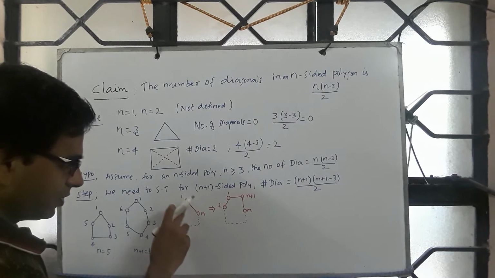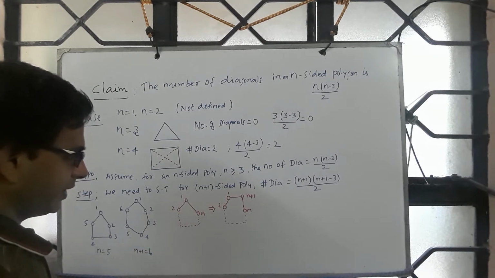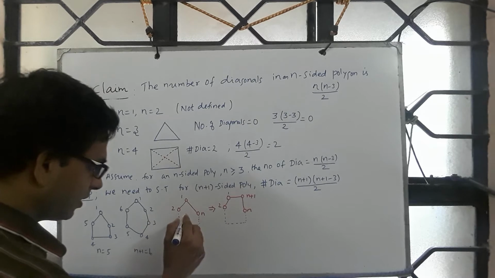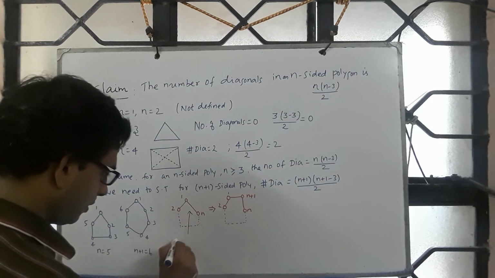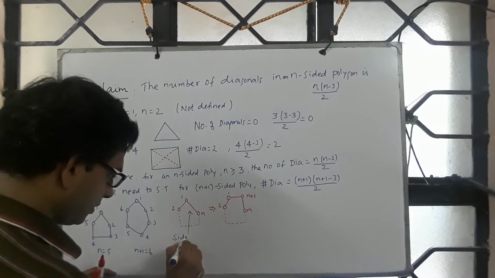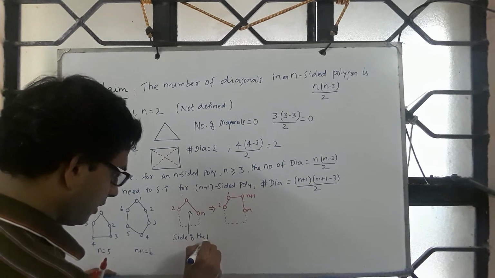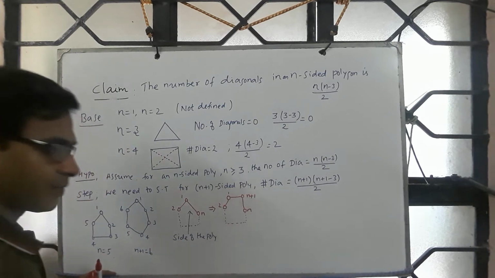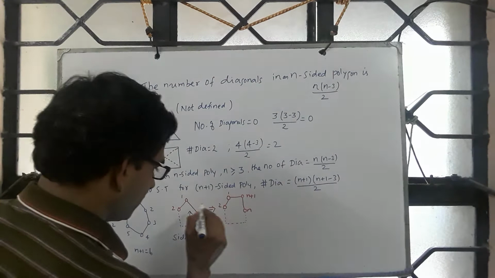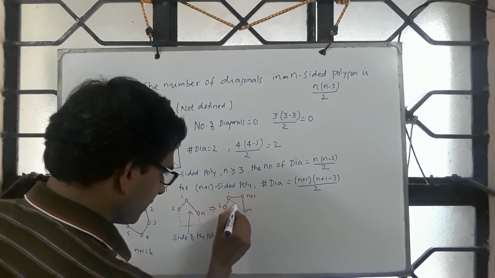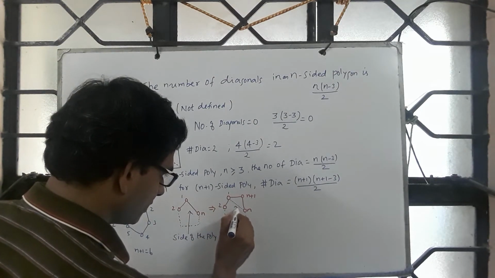This edge, the line 1 and n, was a side of the polygon, correct? The same edge, what happens?